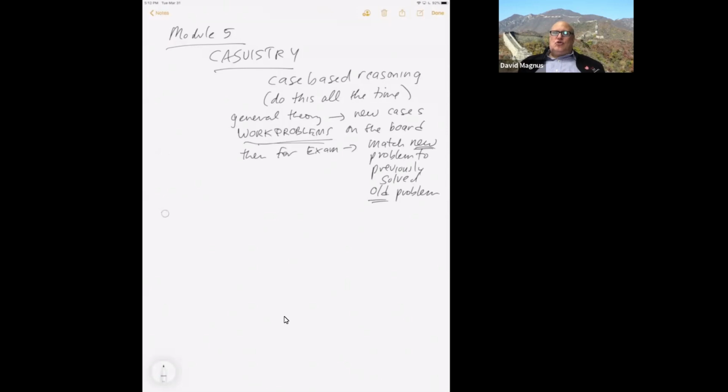That is casuistry. That is case-based reasoning. Going from the particular case at hand, identifying cases that you already know how to handle, and making it like that. So that's the approach. This is very much in contrast to the theories and frameworks that we've talked about up until now.